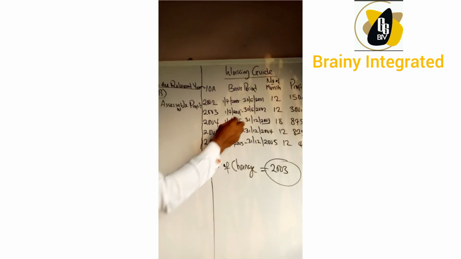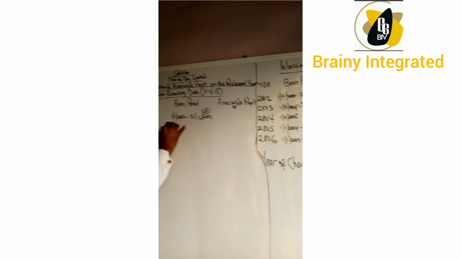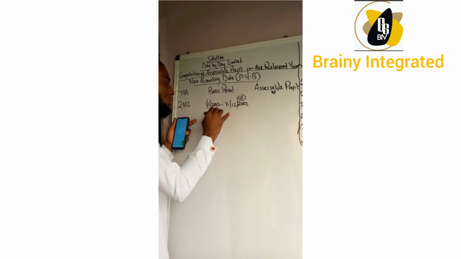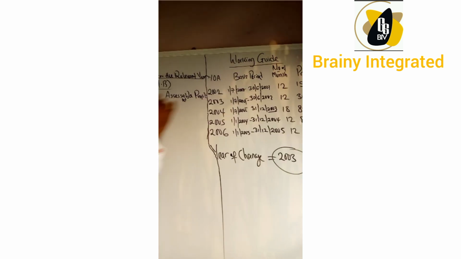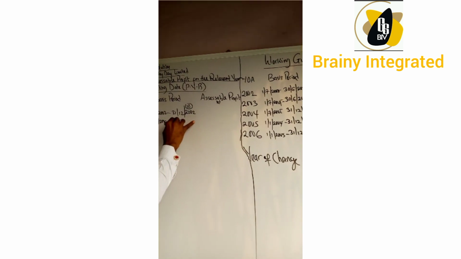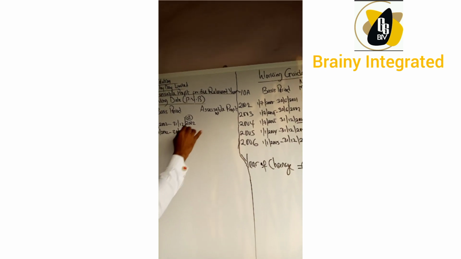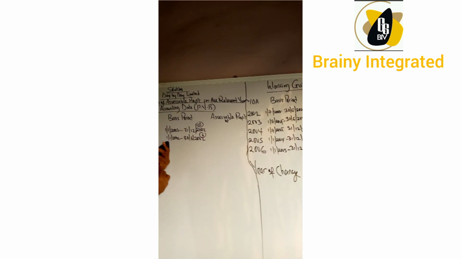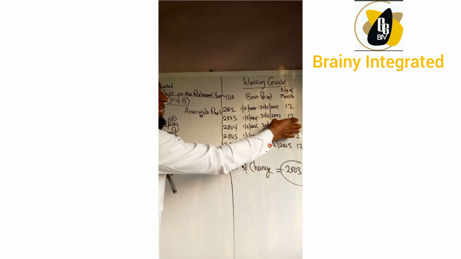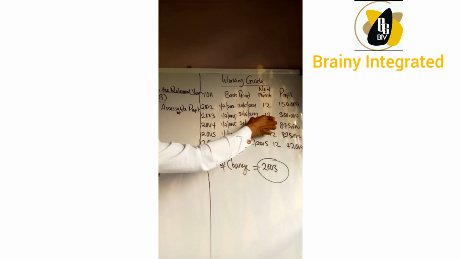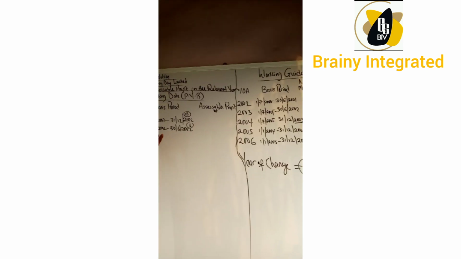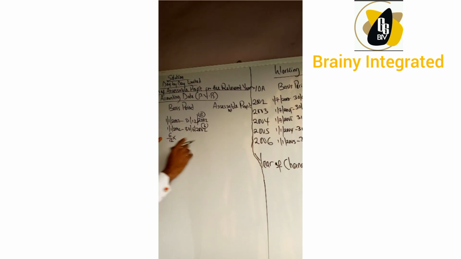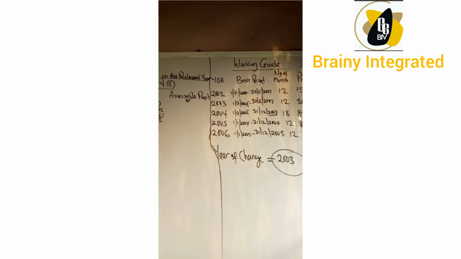But we can just see 1/1/2002 to 30th June 2002, which is 6 months. But how many months do we have in this line? 12 months. We are going to take 6 months out of this 12 months. So that will give me 6/12 times 300,000.